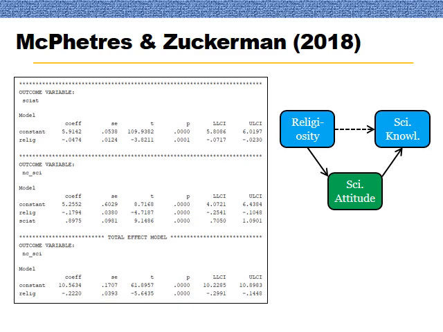The second regression shows us how both X and M predict Y. In other words, it uses both religiosity and scientific attitudes as predictors of scientific knowledge. Our third regression, under where it says total effect model, tells us about the overall relationship between religiosity and scientific knowledge. On the right, we have a diagram of this mediation model.